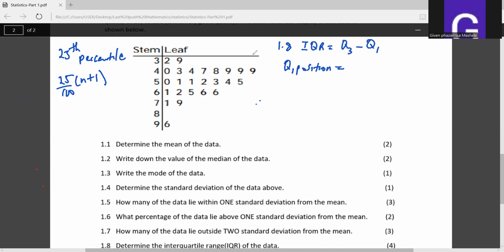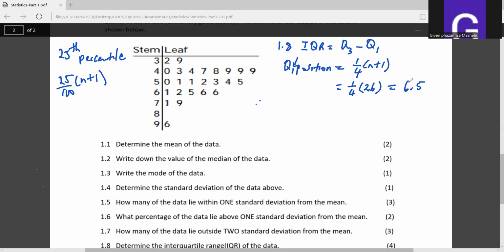If you forget this, since you say quartile 1, just say 1 over 4: take 1, divide by 4, and multiply by n plus 1. What is n? We have 25 observations. 25 plus 1 gives us 26. So a quarter of 26 will give us 6.5.